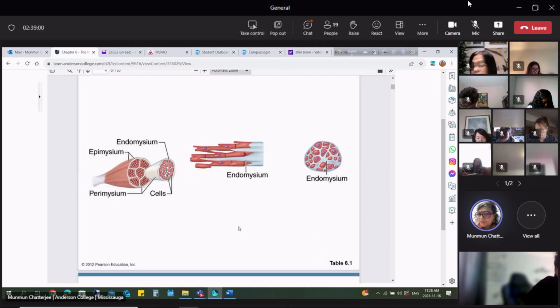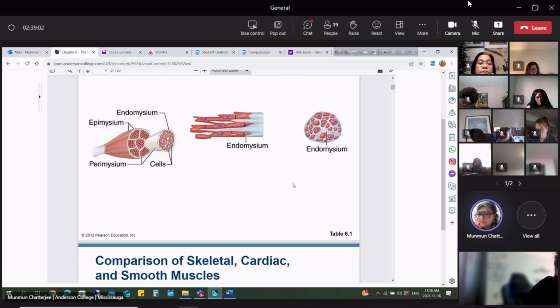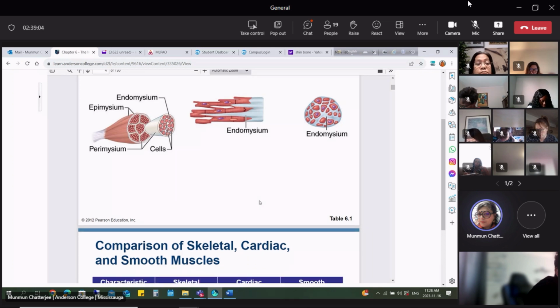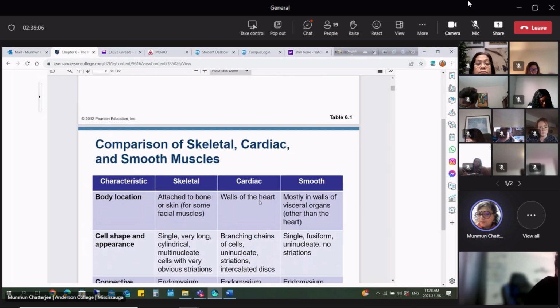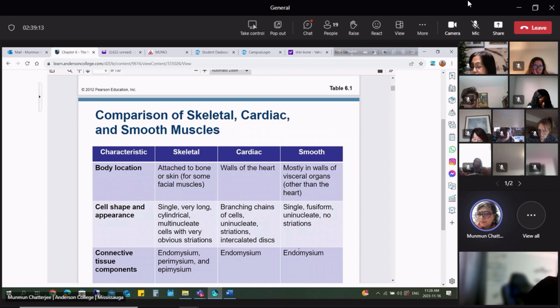So muscles are different in their units as usual. Let us see what the different characteristics of the different muscle types are and where we find them. This slide is very concise and important to get all the information basically for the muscle system.